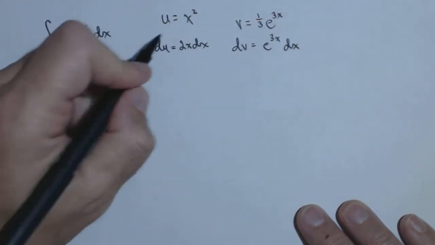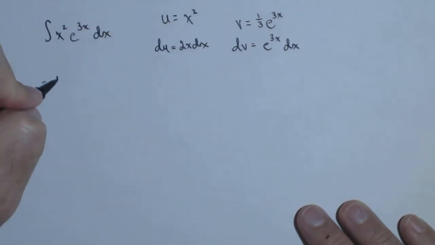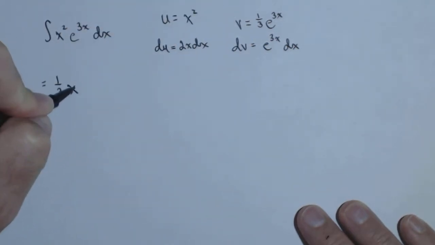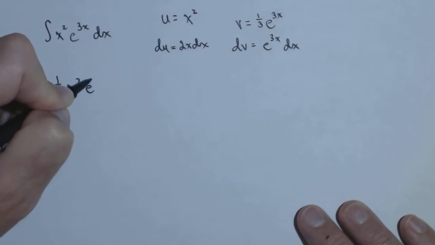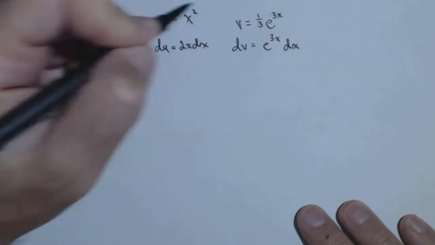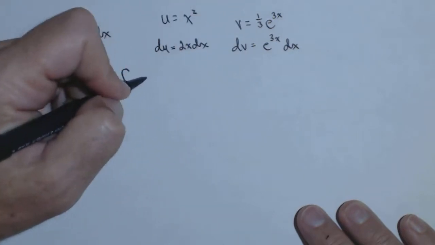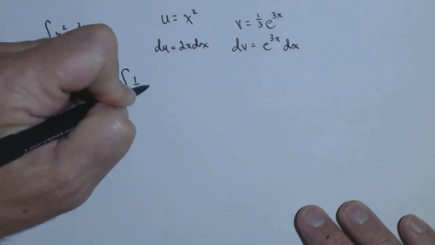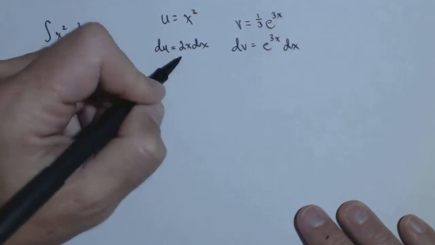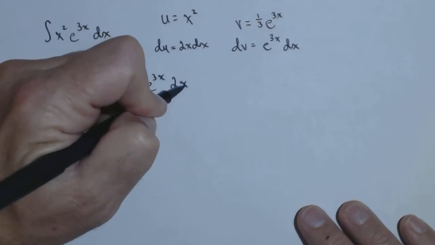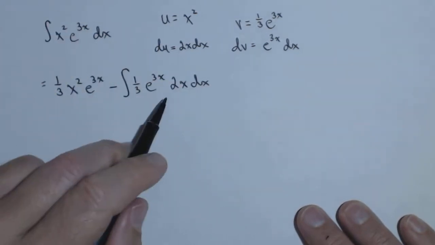So putting this together, we have our u and our v. So 1/3 x squared e to the 3x, the product of these two, minus the integral of v du. So 1/3 e to the 3x times 2x dx.